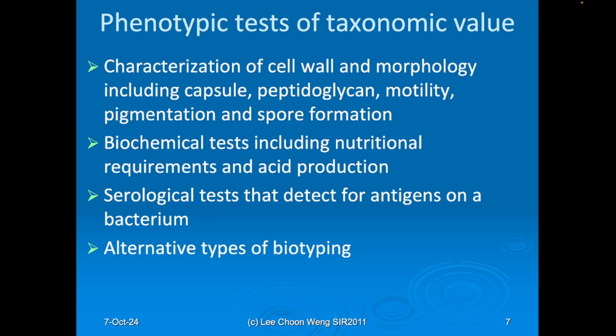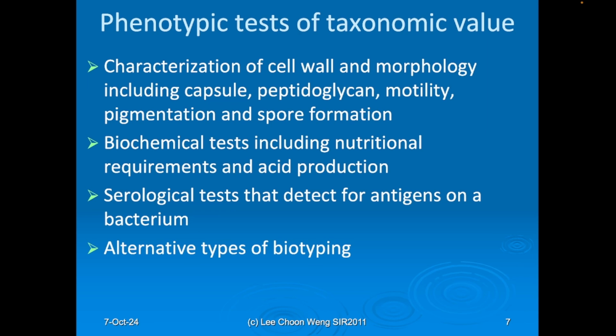Then also spore formation. You have your endospore. Endospores are usually more for gram-positive bacteria. In the food industry, the ones that appear frequently are Bacillus and Clostridium. What's the difference between a Bacillus and a Clostridium?